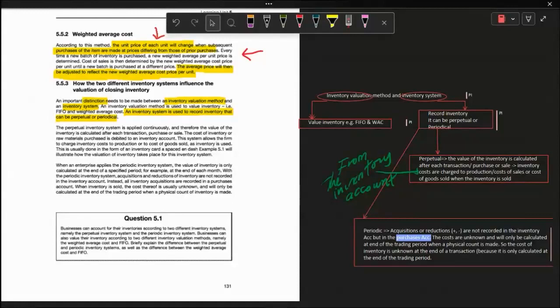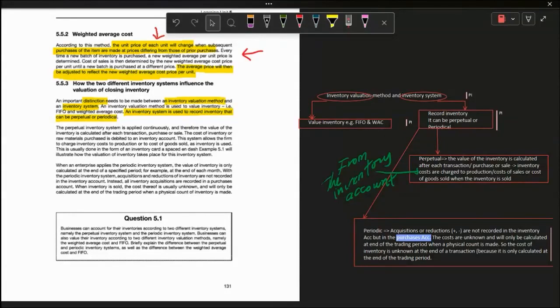They can send out a new order request to get more of that product from the wholesaler, to say, please replenish the stock because we are running out of stock, because they are using a perpetual system.